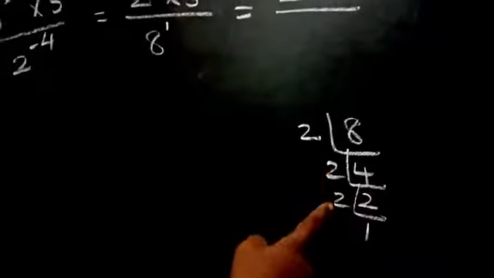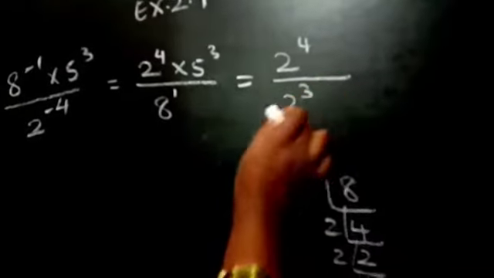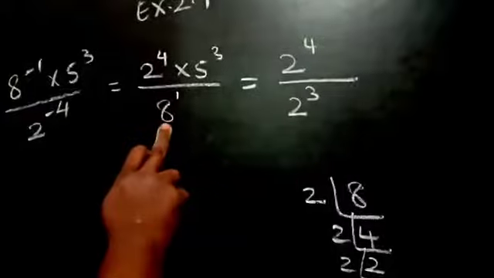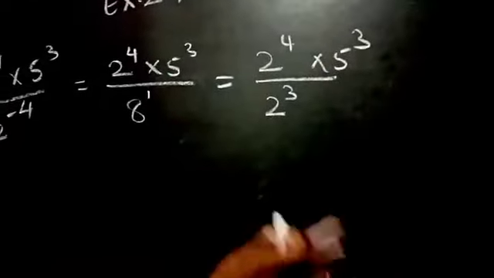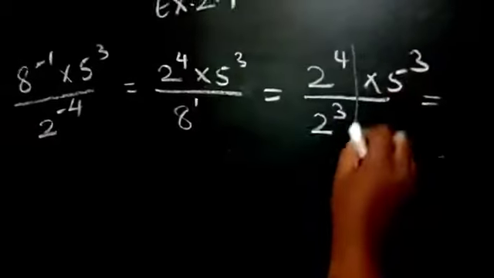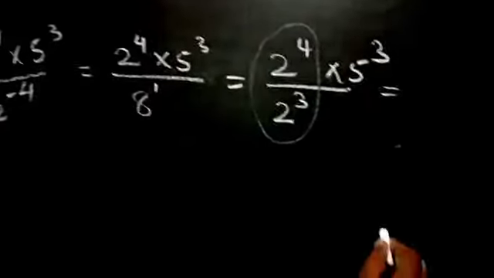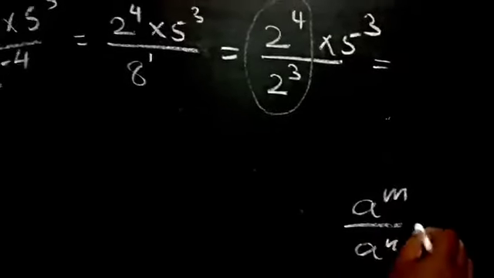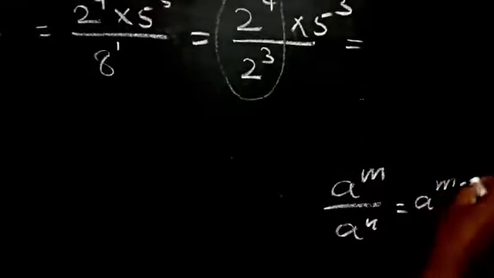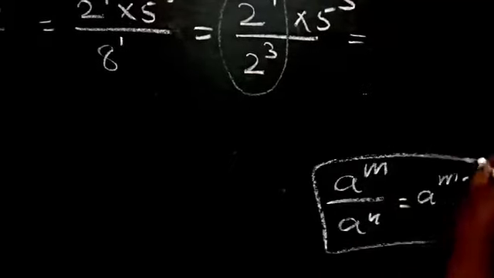So 1, 2, 3: 2 to the power of 3 is equal to 8 into 5 to the power of 3 we have. Now 2 power 4 and 2 power 3, the formula a power m divided by a power n is equal to a power m minus n we can use here.